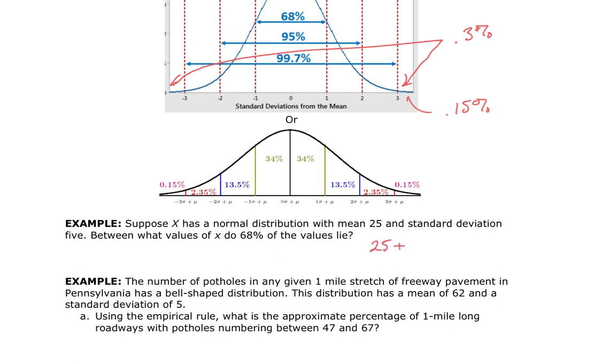If I add my standard deviation, which is 5, and if I subtract my standard deviation, that means to get 68%, which is 1 standard deviation down, 1 standard deviation up, I would expect my numbers to lie between 20 and 30. So that would be the values for X that I would expect 68% of my data to lie between, the number 20 and the number 30 for my values of X, the lowercase x.